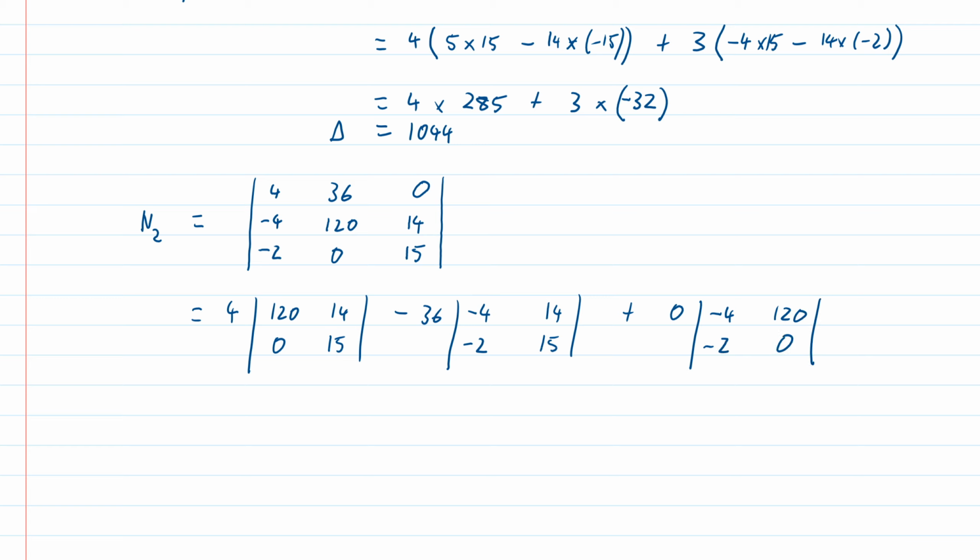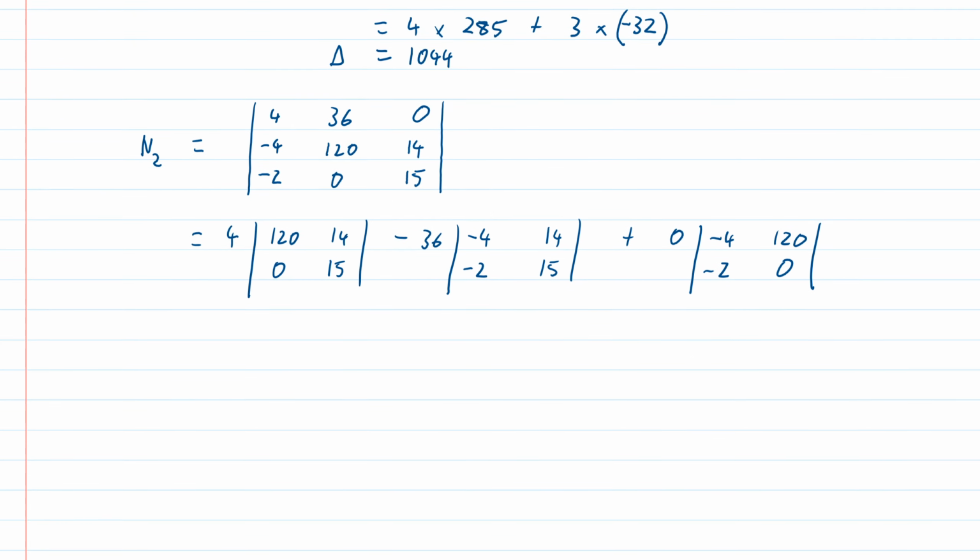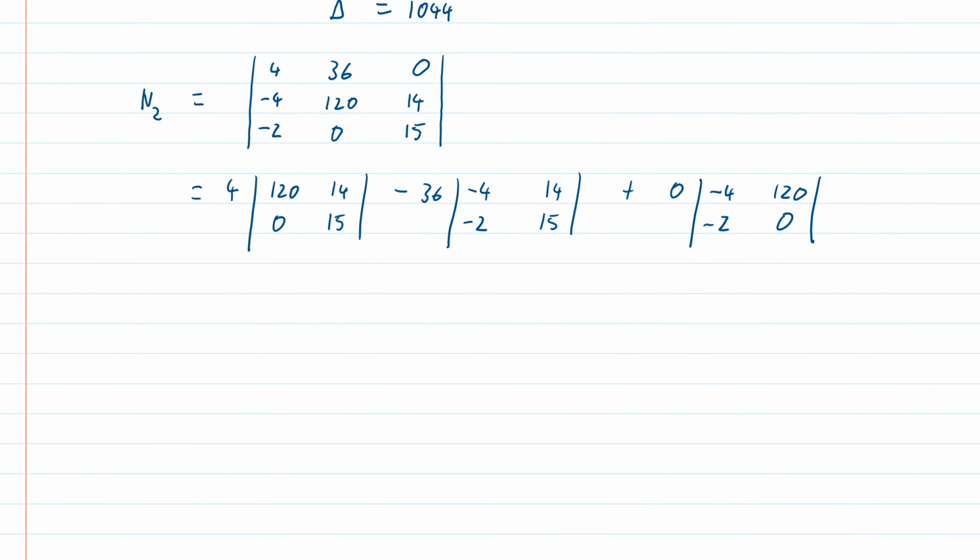So it's just the other columns in that matrix, and I form the determinant 2 by 2s there. Let's write down what these are. So this is 4 times the diagonal product, so that's 120 times 15 minus 14 times 0, minus 36, and this one will be minus 4 times 15 minus 14 times minus 2, plus 0.